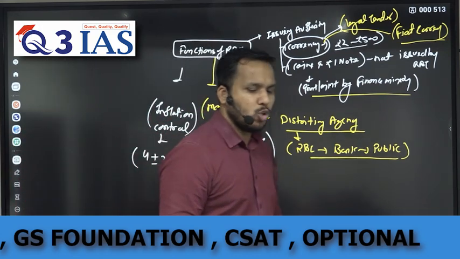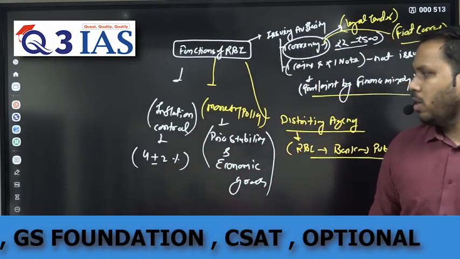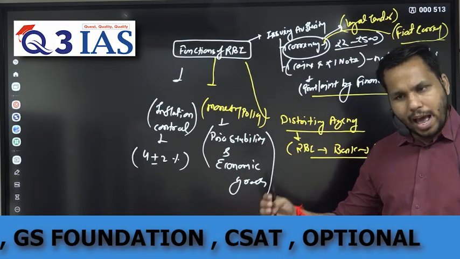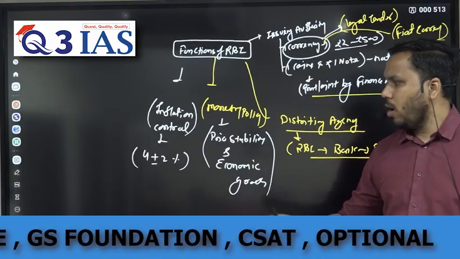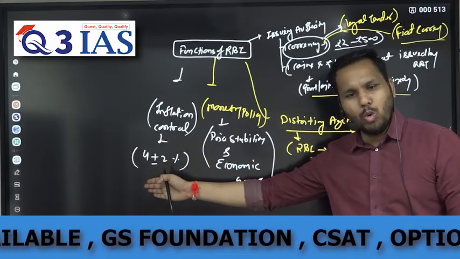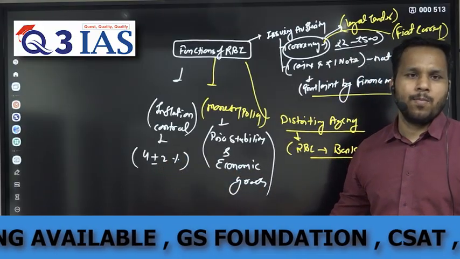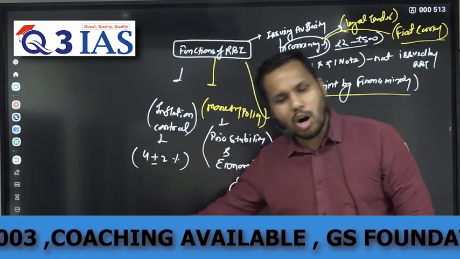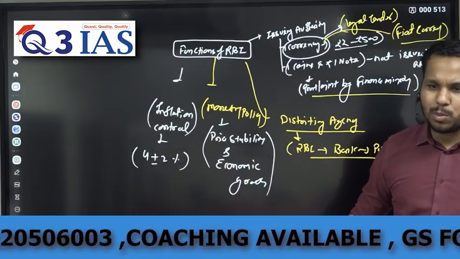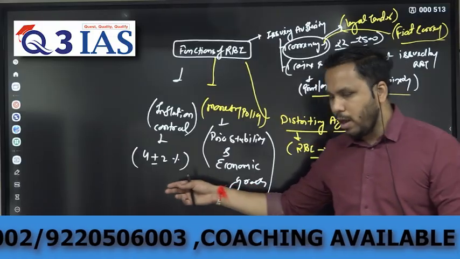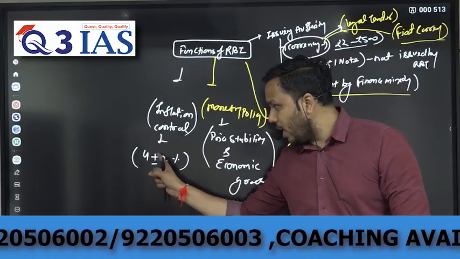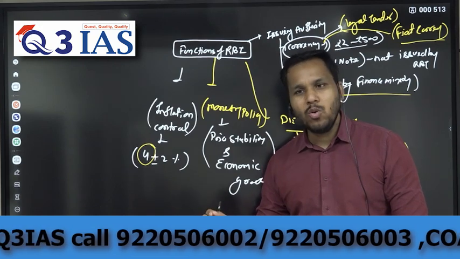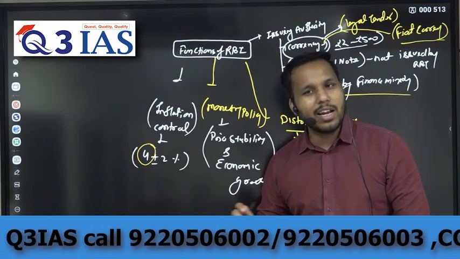It means RBI has to maintain inflation between 2% and 6%. It should not be less than 2% and should not be more than 6%. The ideal rate of inflation is 4%, and RBI will try to stick the inflation there.